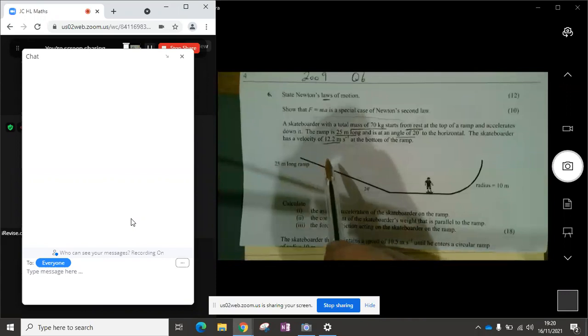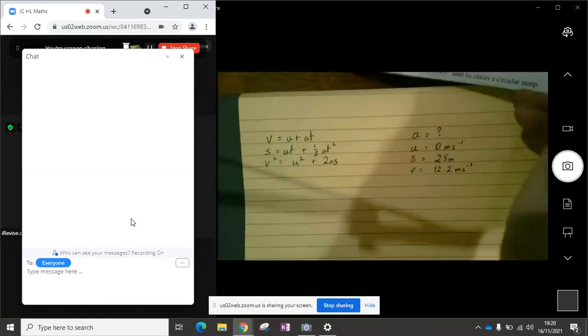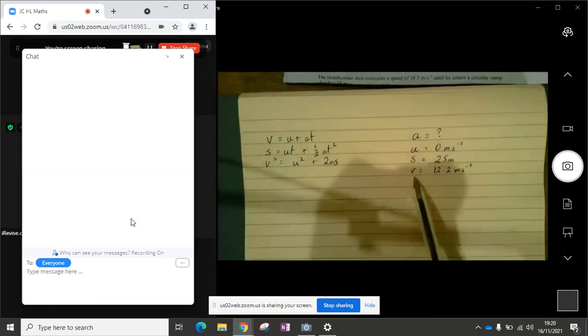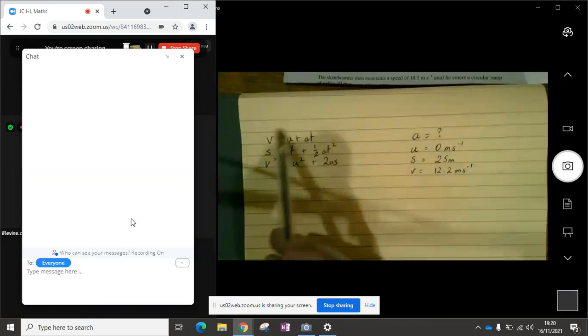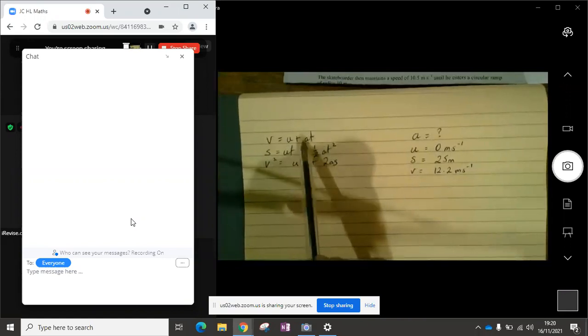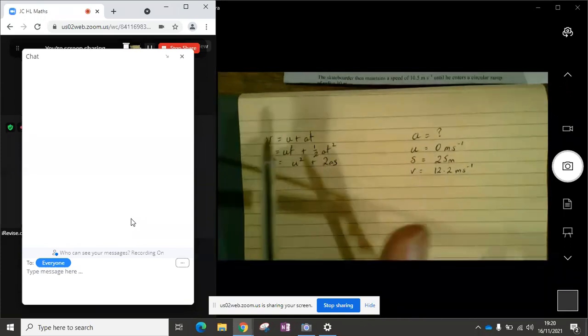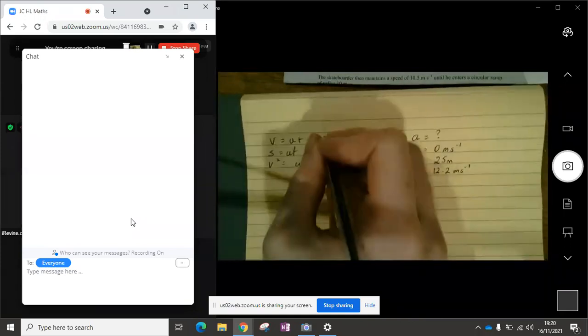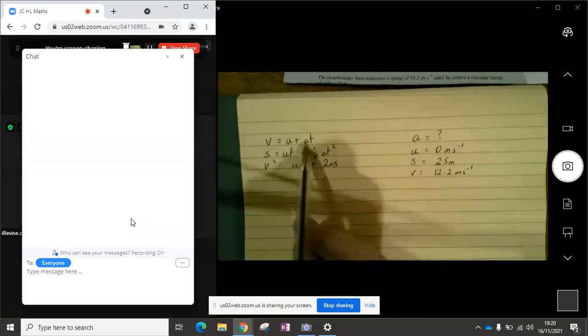Do we know anything else? I don't think so. So we have u, s, and v, and we're looking for a. We can't choose the first one because we don't have a and we don't have t. We can only pick a formula where we have one unknown. So we can't choose this one because we have two unknowns, a and t.